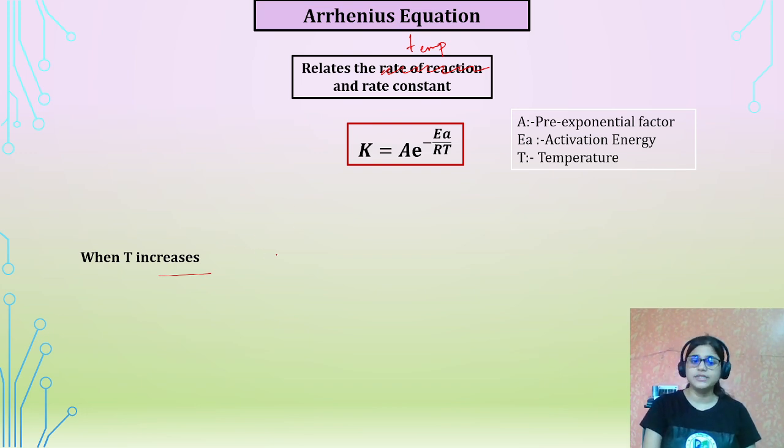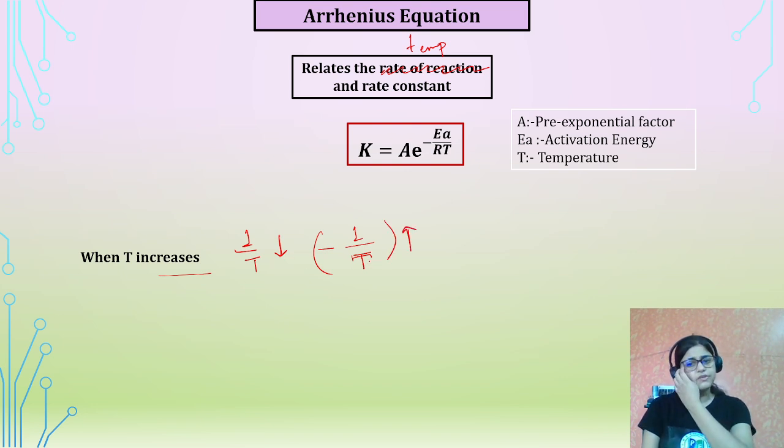T increases means 1 by T will decrease when T increases. Okay, fine. So let's consider some constant value. Minus 1 by T will be increasing, as 1 by T is decreasing, minus 1 by T will be in increasing order.